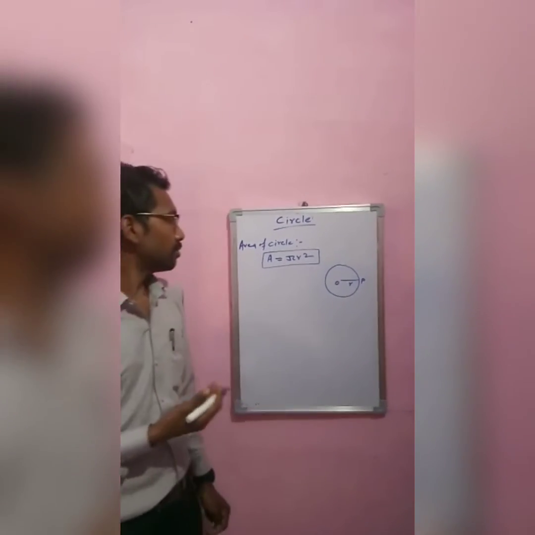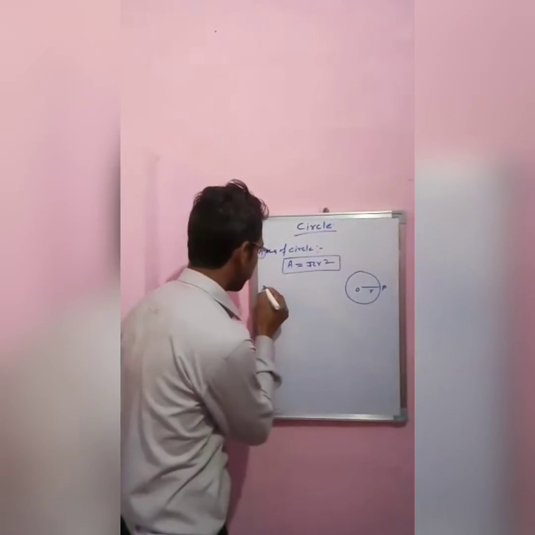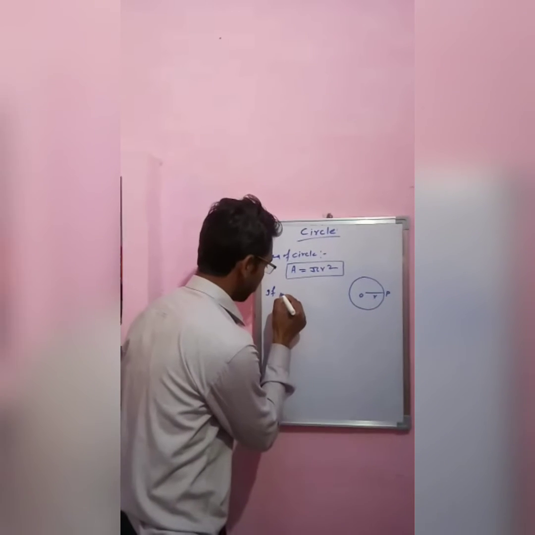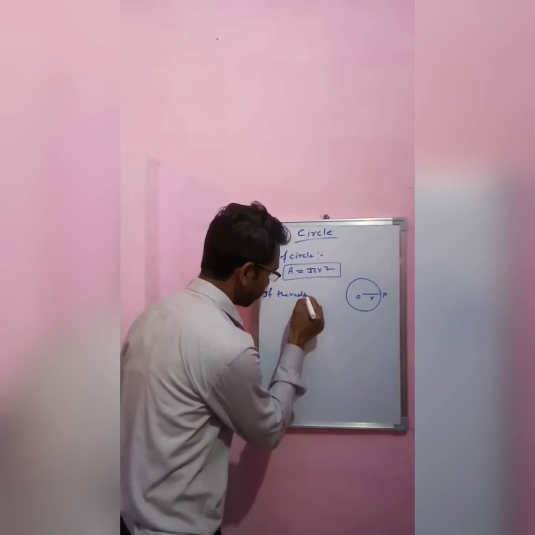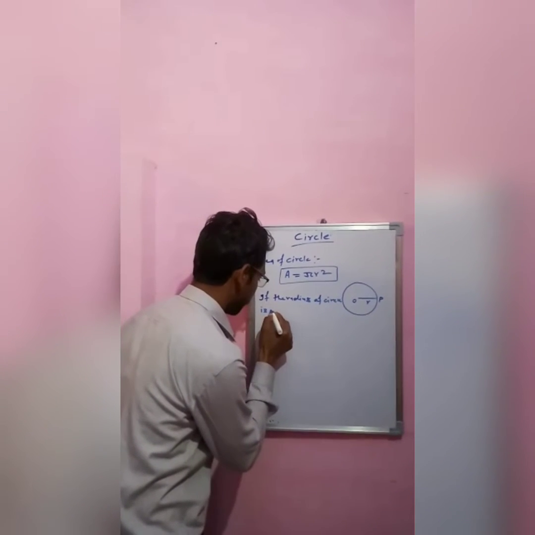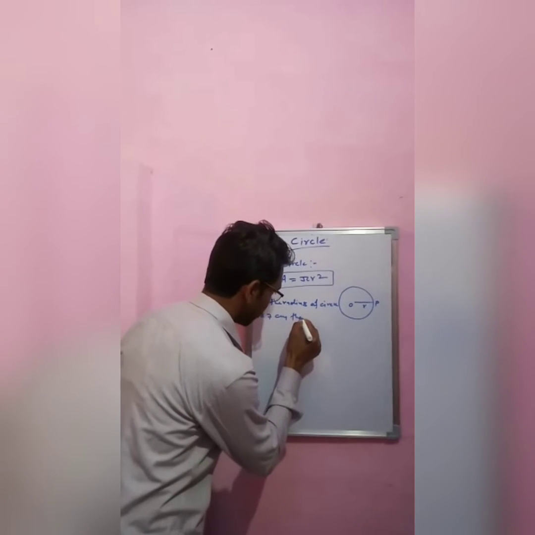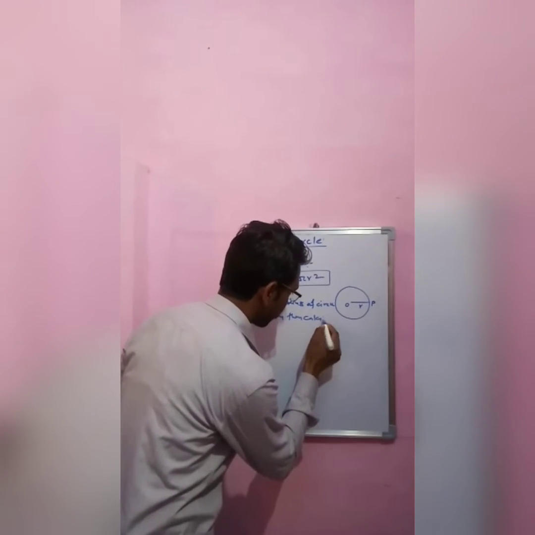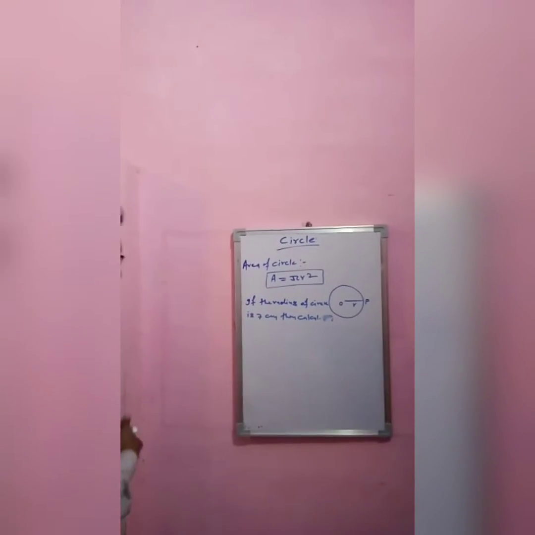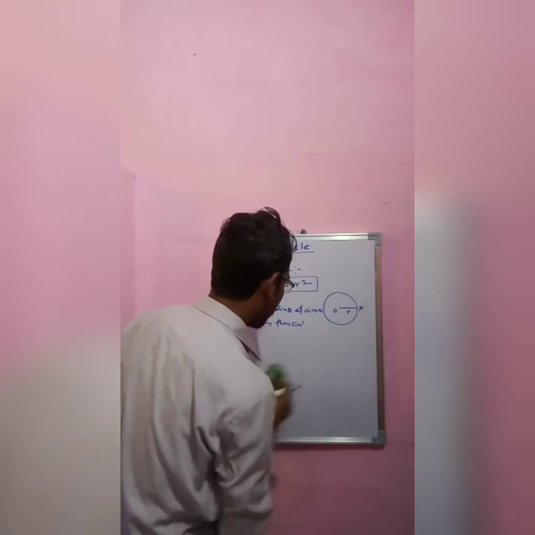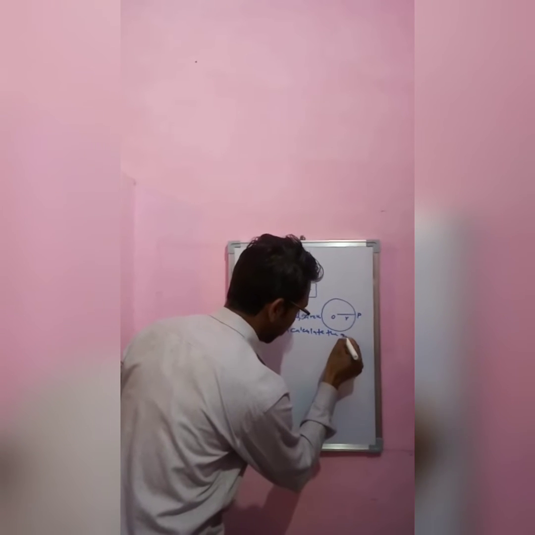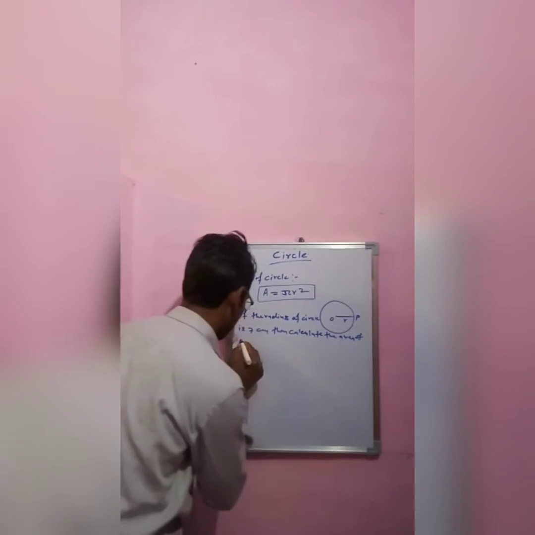Now solving some area based problems. If the radius of the circle is 7 centimeters, then calculate the area of the circle.